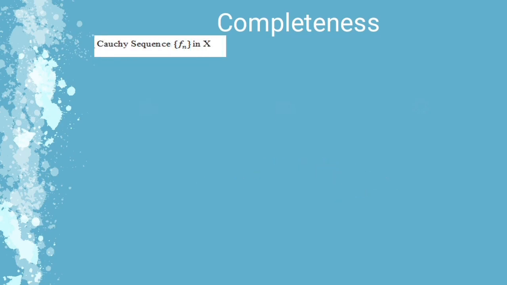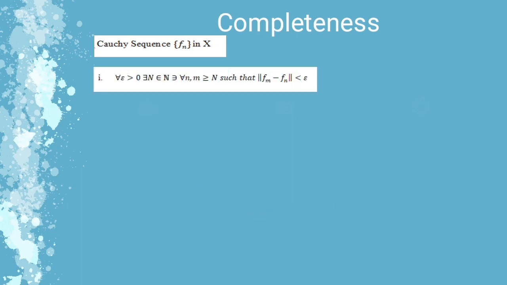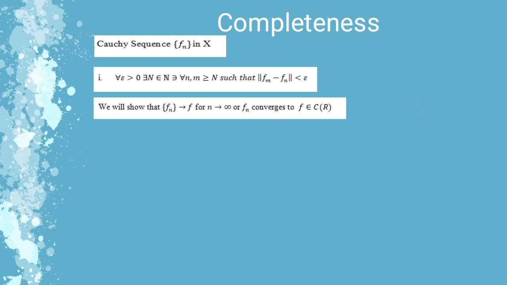Okay, the next is completeness. Let f_n be a Cauchy sequence in X, and then we define it like this, and we will show that f_n converges to f as n approaches infinity, or f_n converges to f, an element of C_0(R).